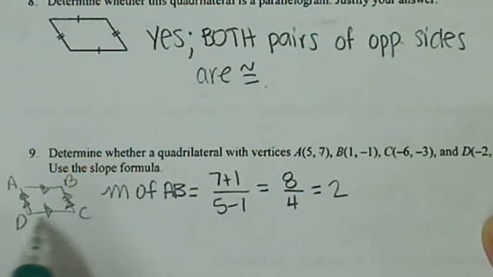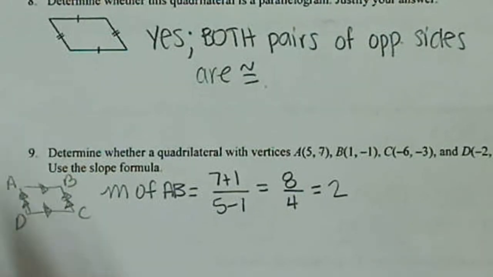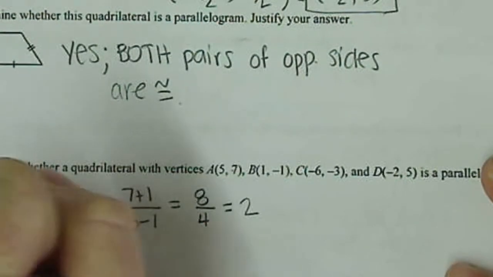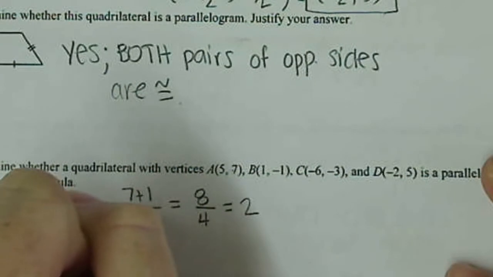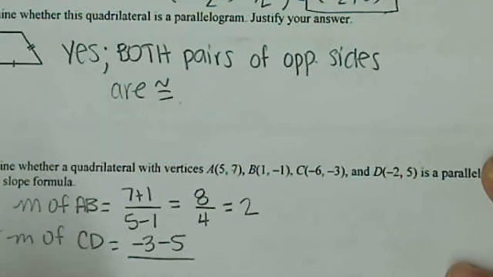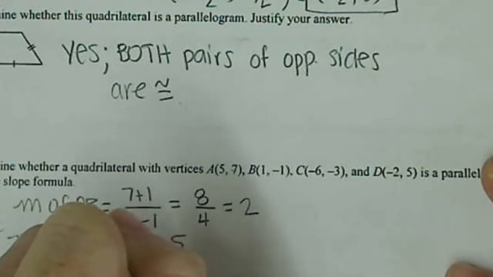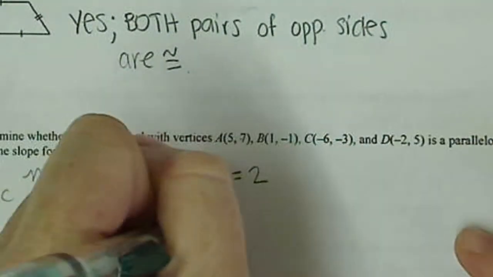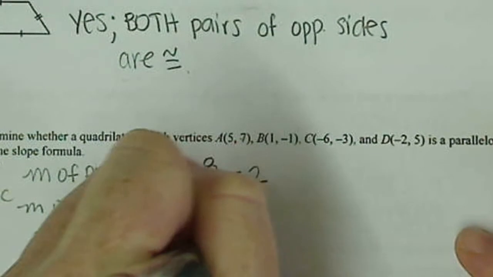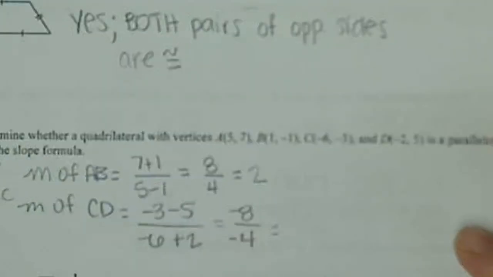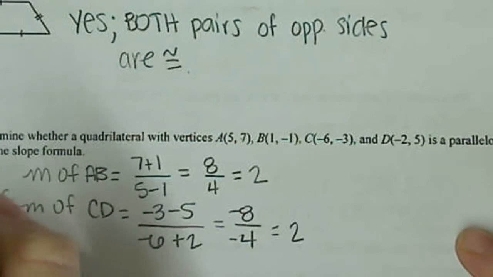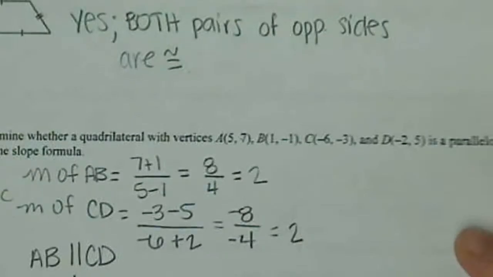Let's see if DC is also 2. That's negative 3 minus 5 over negative 6 plus 2. That simplifies to negative 8 over negative 4, which is also 2. So AB is parallel to CD.